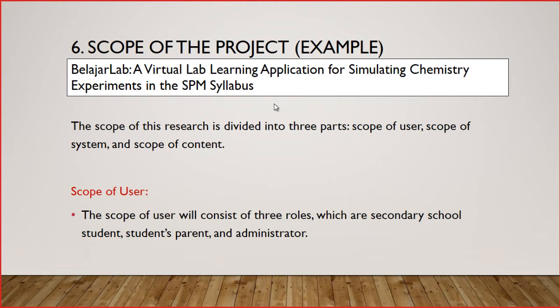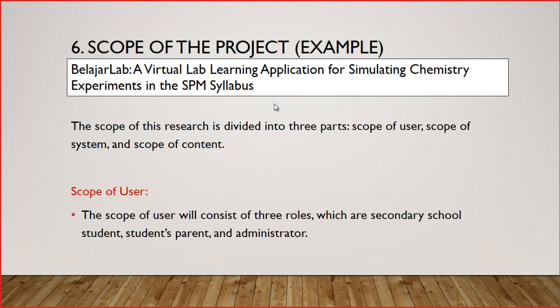Now for the scope, let me give you this example. Scope of user. The scope of user in this project will consist of 3 roles, which are secondary school student, student's parent, and administrator.